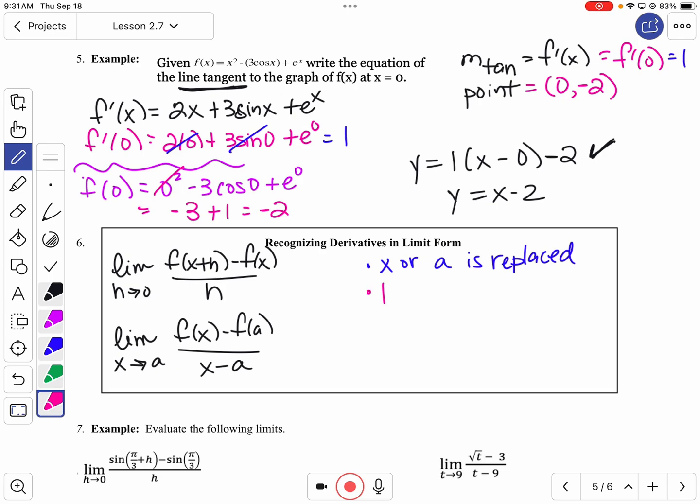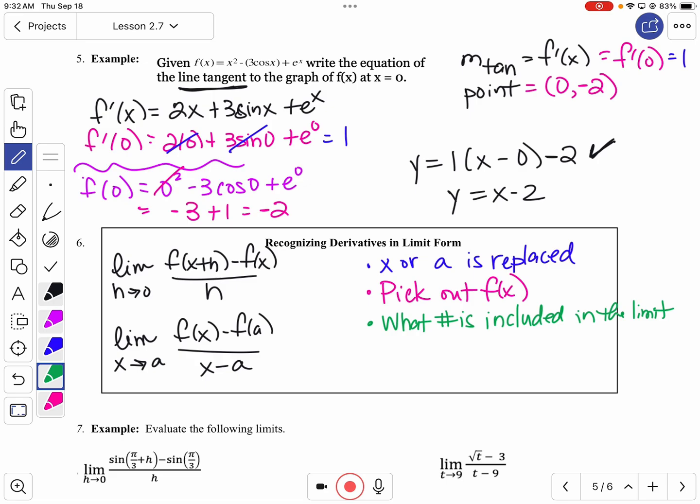When we see those, we need to know that x or a has been replaced. First thing we have to do, pick out f of x. What's the function? What are we adding h to? Or if it's a plain f of x, what is that function back there? Figure out your x or your a. What is that value they want me to use? What number is included in the limit? Then to get our answer, we take the derivative of f of x evaluated at that number.